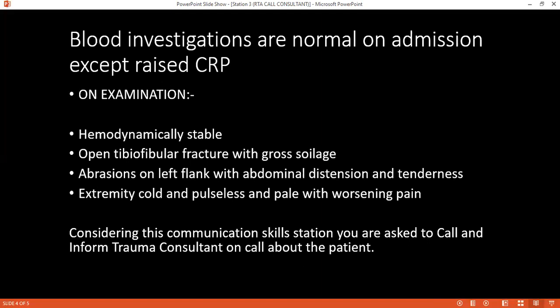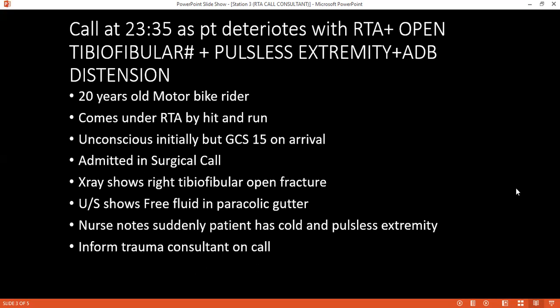Okay. Mr. X is a 20-year-old male who presented to us with a road traffic accident. On examination, the patient has abrasions on his abdomen and also has open tibiofibular fractures in his left lower limb.